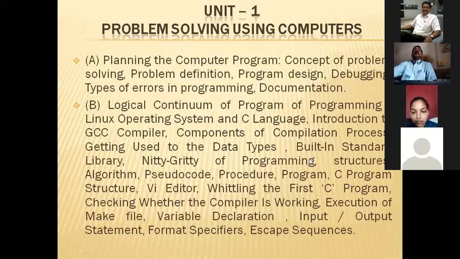Okay, let us start with the syllabus. This is unit number 1, Problem Solving Using Computers.